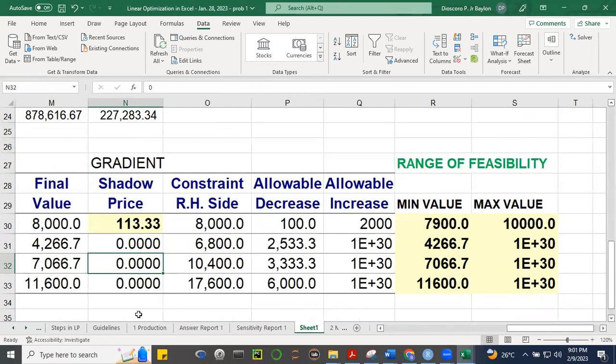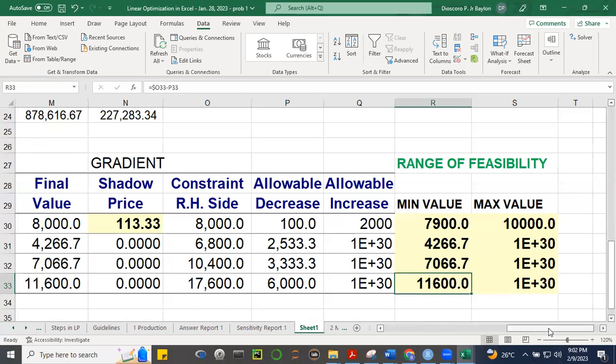Because the shadow price, as I mentioned a while ago, is a measure of a gradient. No? It is a measure of the change in your objective function for every 1 unit change in your right-hand side of a specific right-hand side. Okay? Pero tingnan natin dito, class, no? Minimum 11,600 ito. Si base.